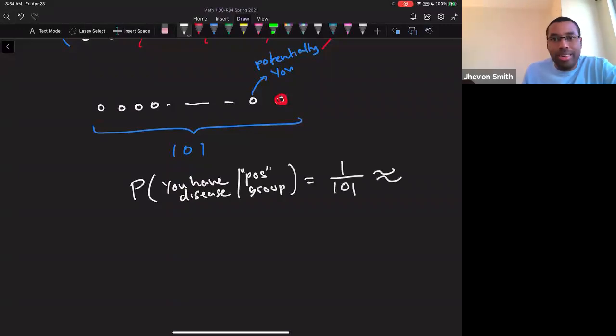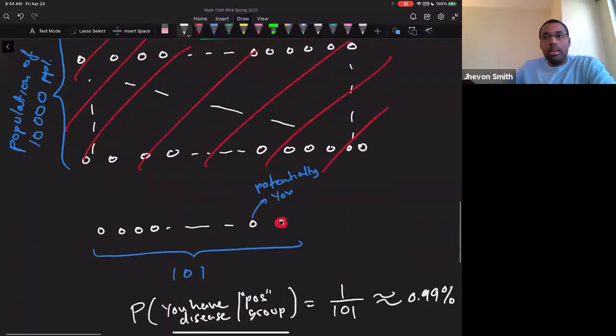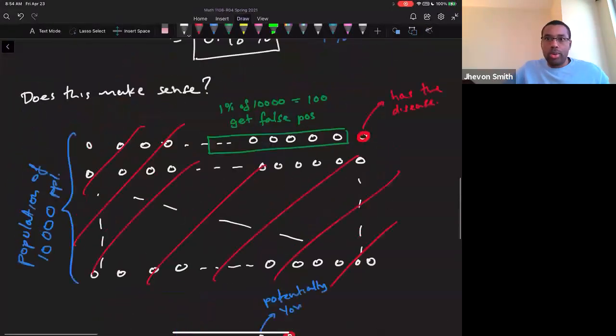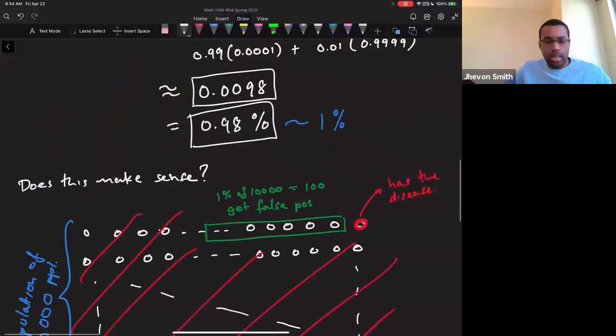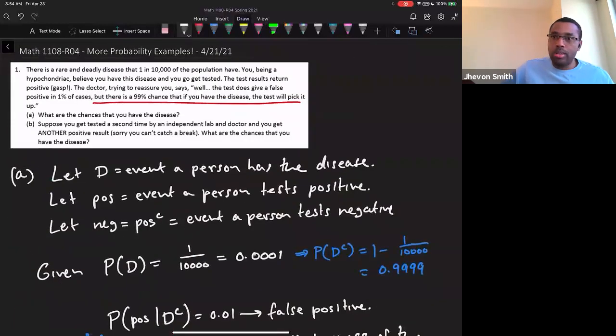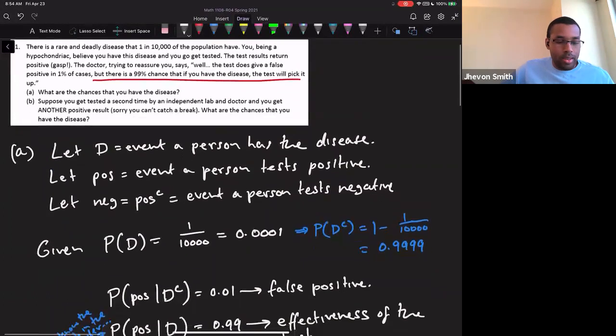And that's roughly 0.99%, right? So when you actually start to set things out with a diagram or a table or Bayes rule, or something that we know logically and mathematically works, you realize that the true answer comes out pretty nicely. But a lot of people actually just jump to conclusions with something like that.